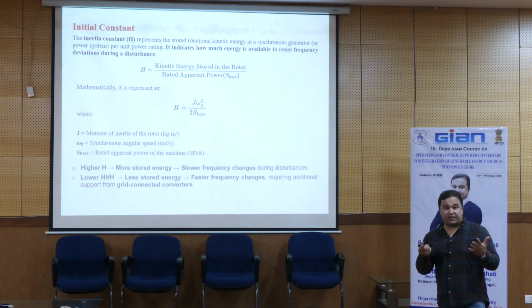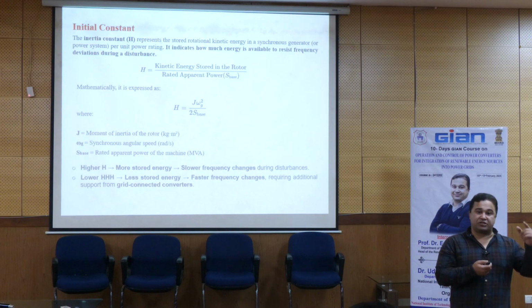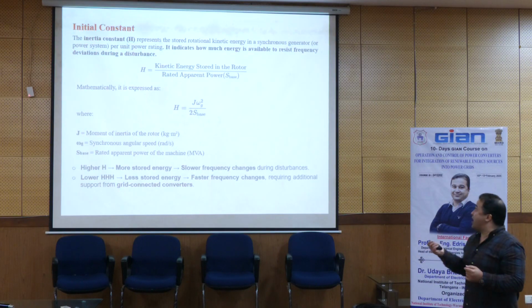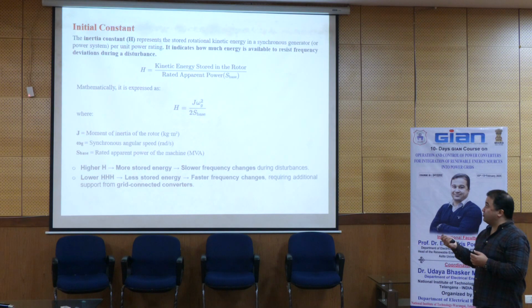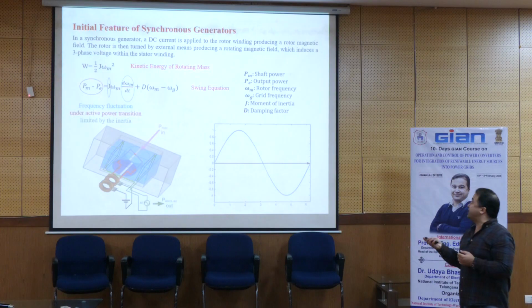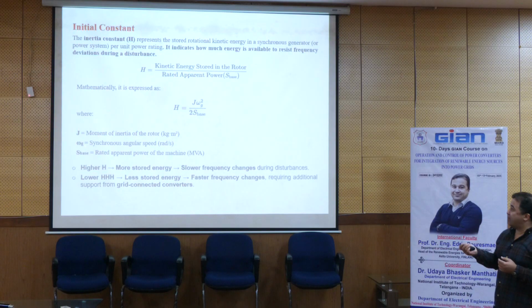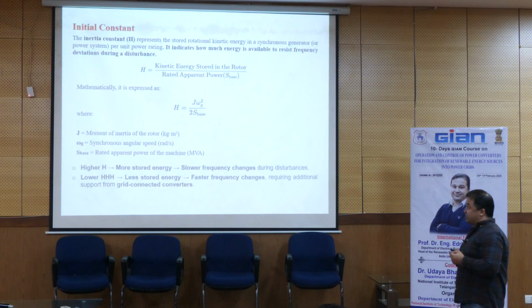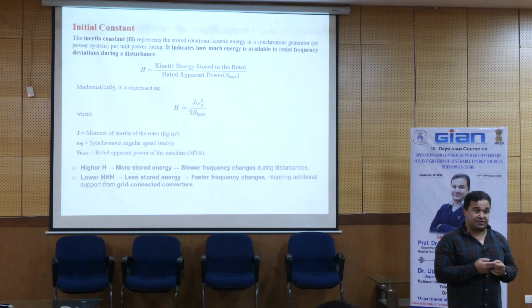This is from elementary school, or middle school, that kinetic energy is 1 over 2 J omega squared. And S is the apparent power of the generator. So by this, H can be calculated by this equation. J is the moment of inertia, omega G is the synchronous angular speed, and S is the rated apparent power of the machine.